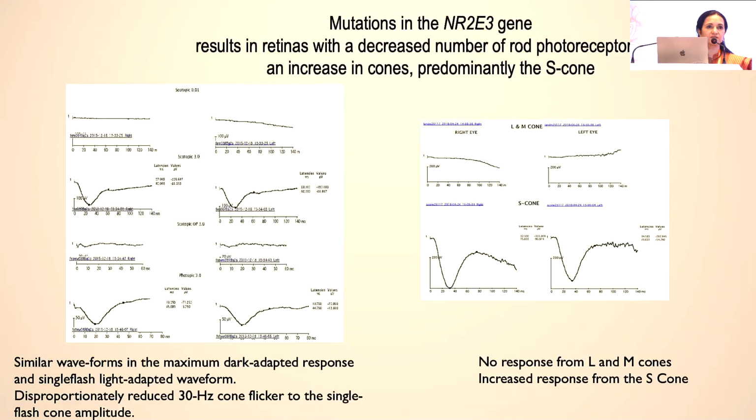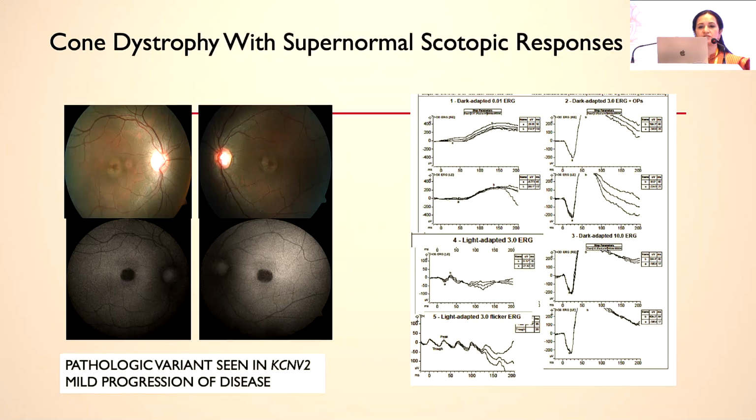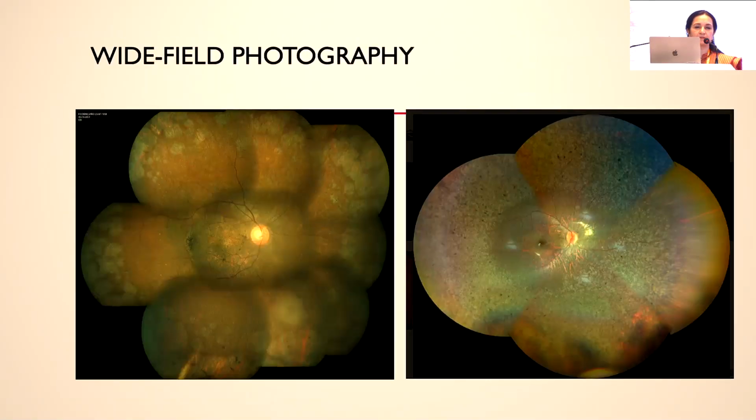So without doing genetic testing, this ERG is diagnostic. Second, a very diagnostic ERG is subnormal or non-recordable photopic responses with supernormal combined responses. So no photopic response with supernormal scotopic happens only in KCNB2. So these couple of things you must keep in mind.